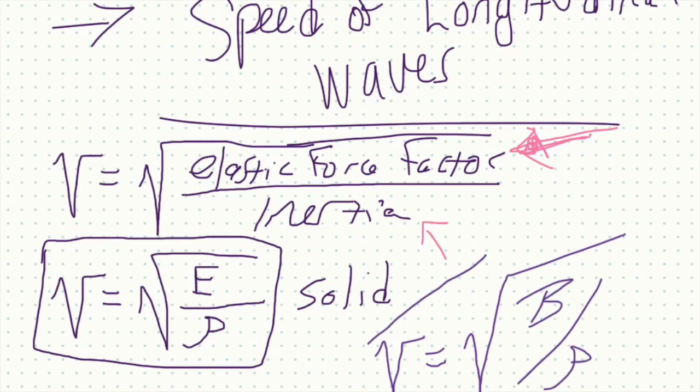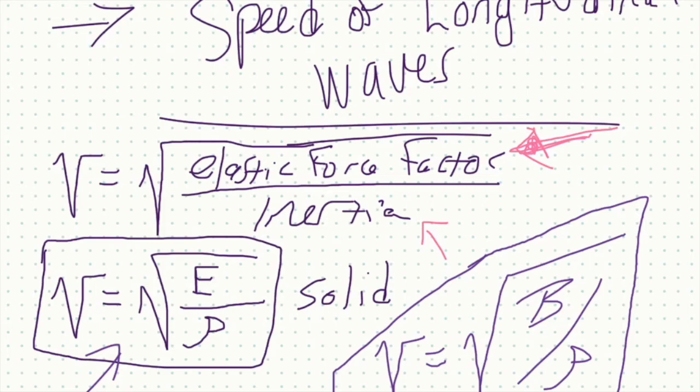So if you're wondering about the speed of a wave in water, you do water's bulk modulus over its density. If you're wondering about the speed of a wave through air, you would do air's bulk modulus over density. But if you're wondering about steel, you'd go to this one over here. You'd do elastic modulus over density.